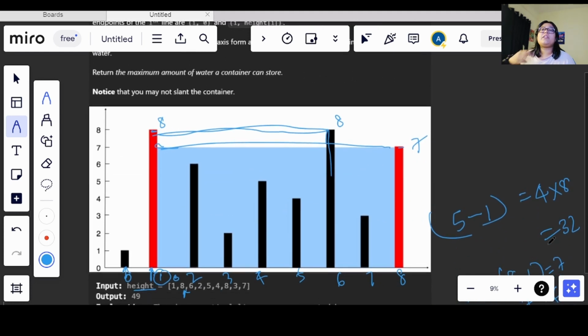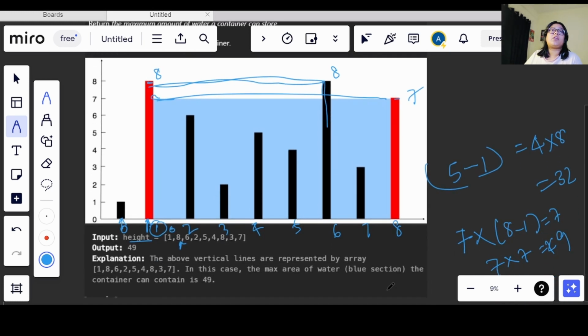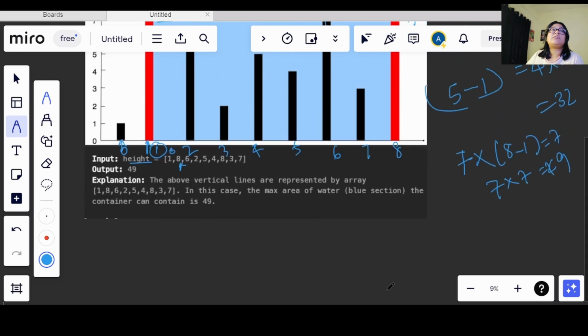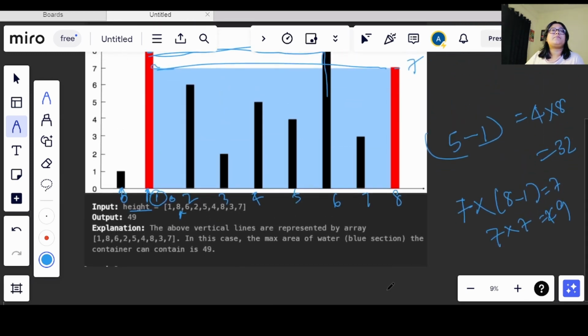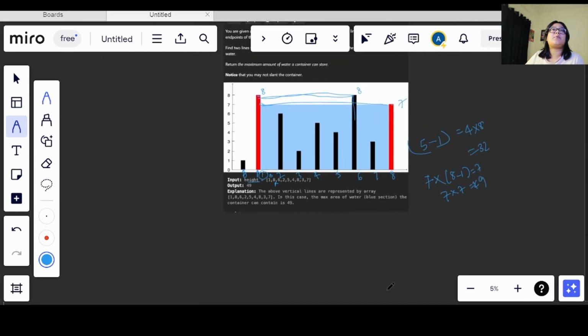While following a pattern, we will see that if we move from both the directions, we can take the area and store the maximum one. So we will do the same. We will use the same example.